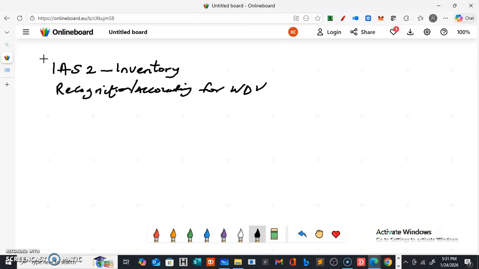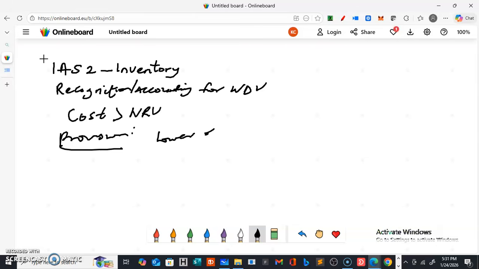For us to have a written down value in inventory, what we are simply saying is that we're going to have a situation whereby the cost is higher than the net realizable value, because based on the provision of IAS 2, we are to recognize the inventory based on the lower of cost and net realizable value.